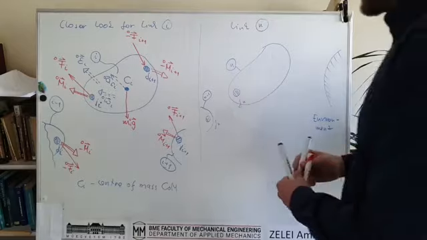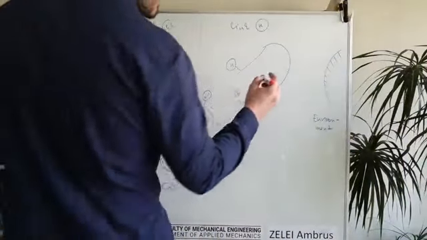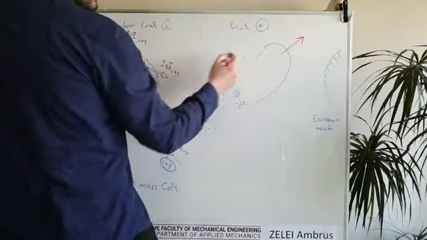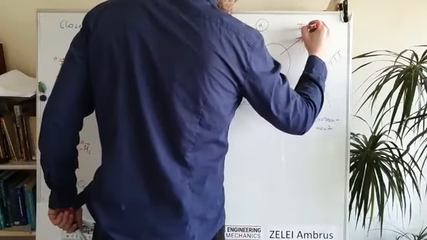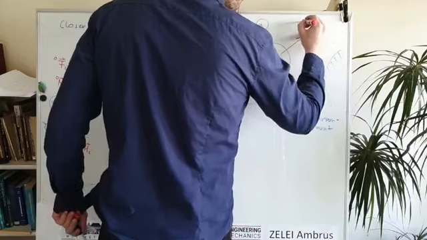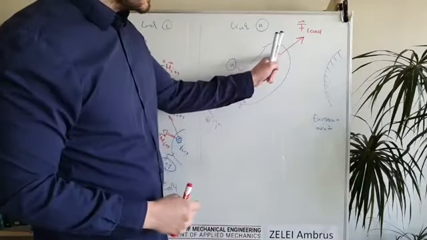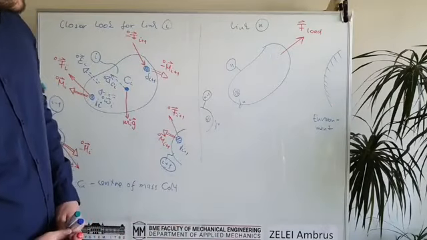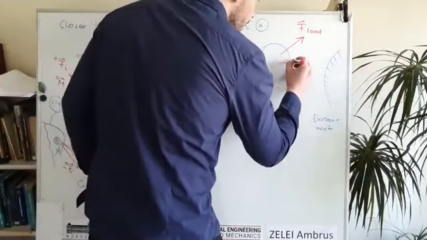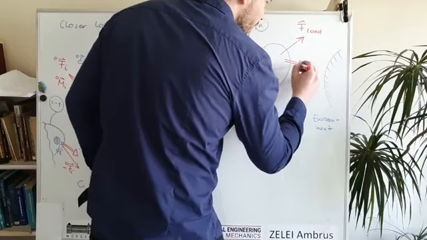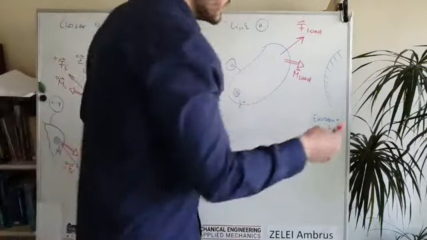The only difference is that we will apply here the positive force, this is the F load, because we are interested in the force which acts on the robot, so therefore it is positive here, and the loading torque which acts on the robot and on the environment.